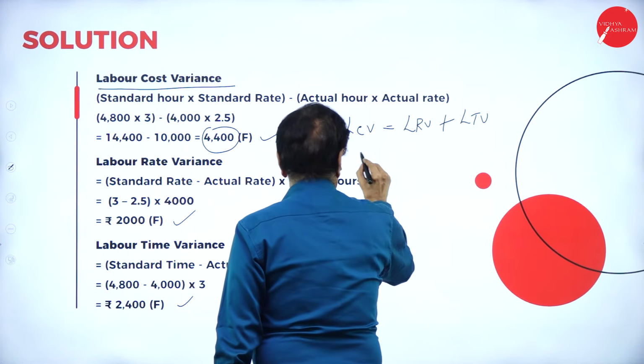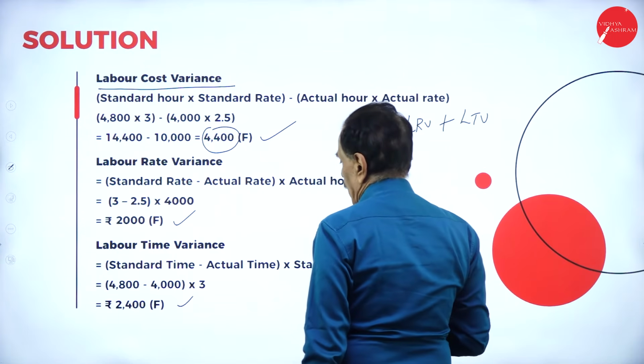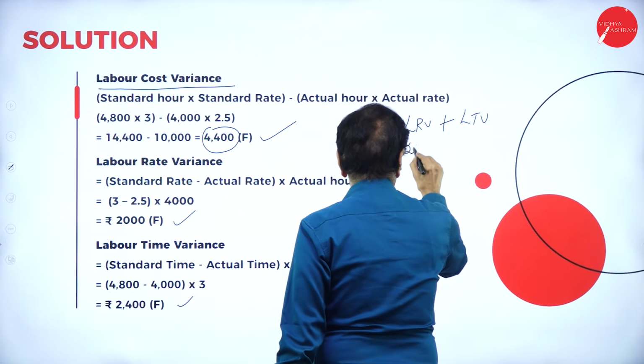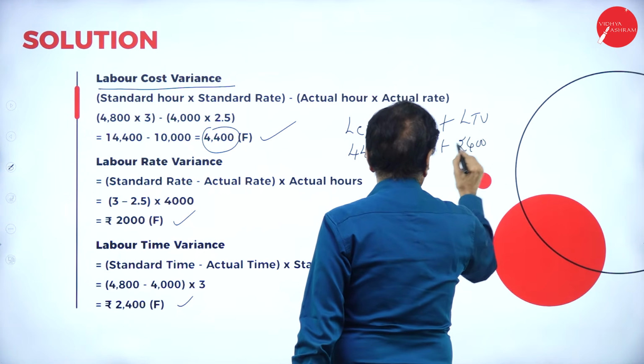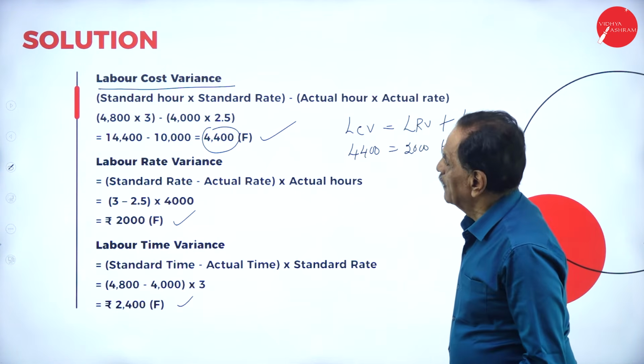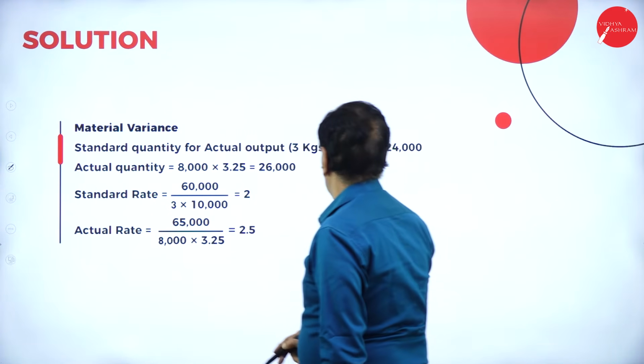What is your LCV? 4,400. What's your LRV? 2,000 plus 2,400, equal.